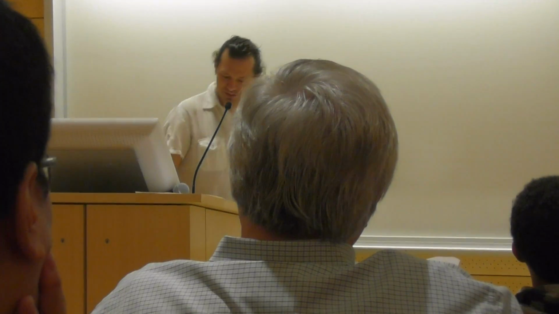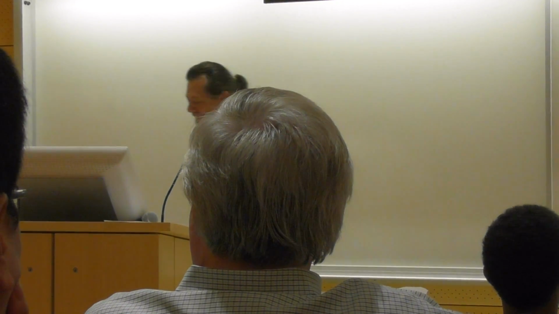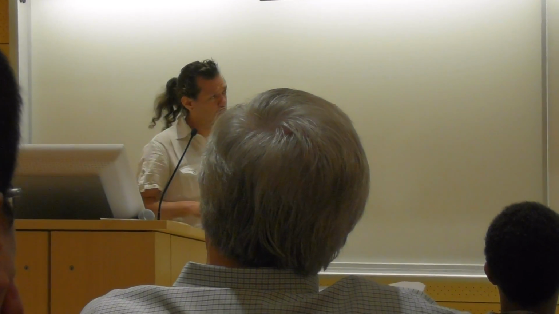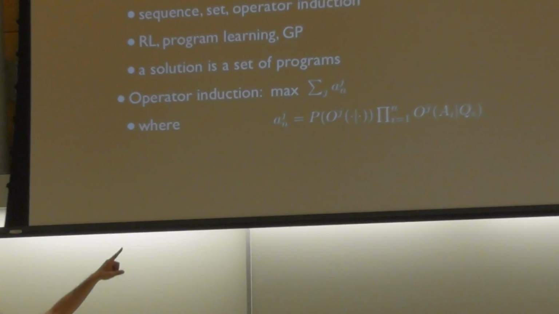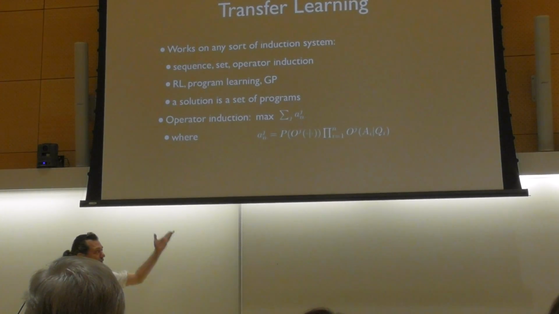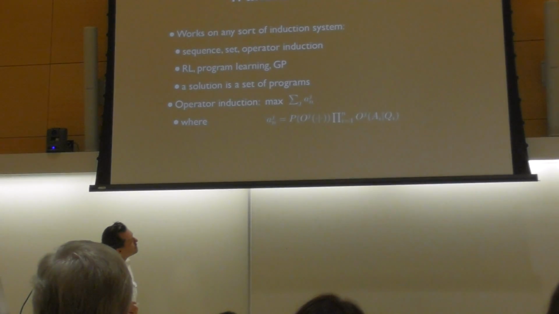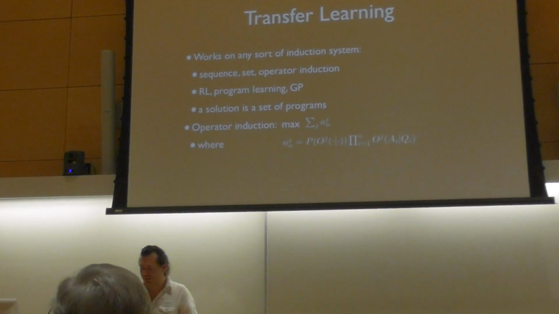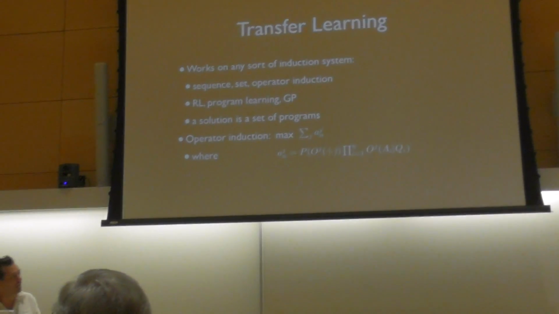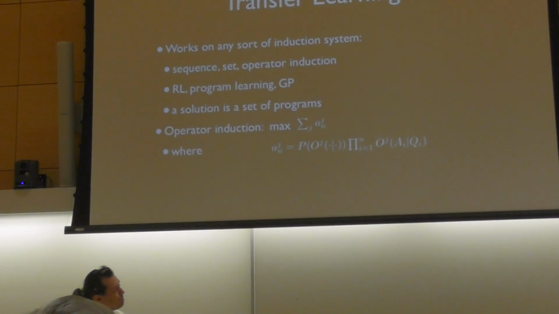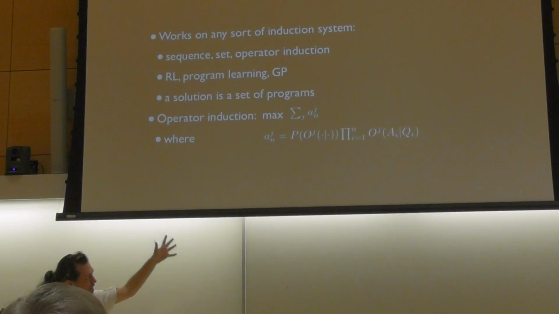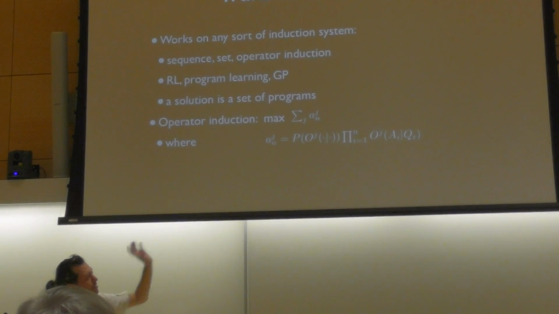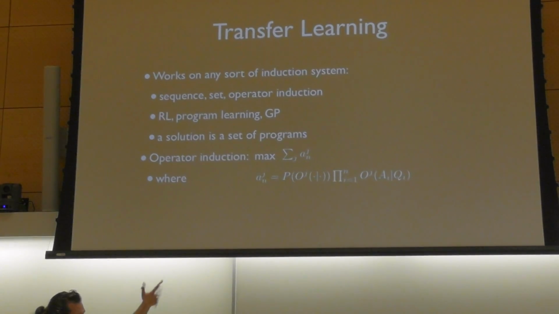We have a goodness of fit that we're trying to maximize in operator induction. The P on the left is the probability of the J operator, and that's of course related to program length, as you know, and the product on the right is just how well the operator fits the data, which is question-answer pairs.